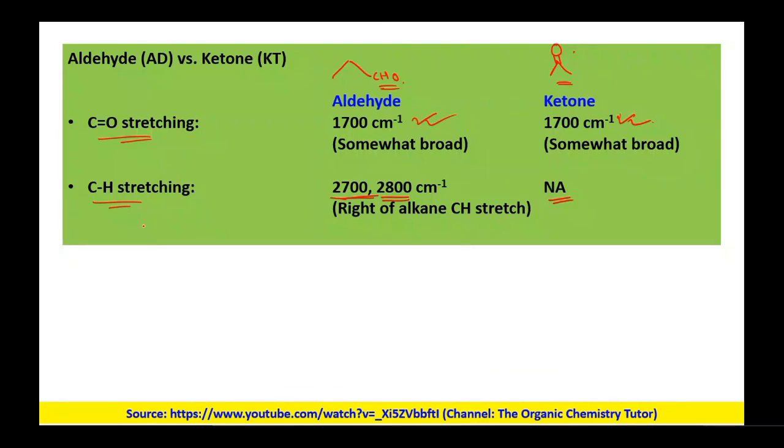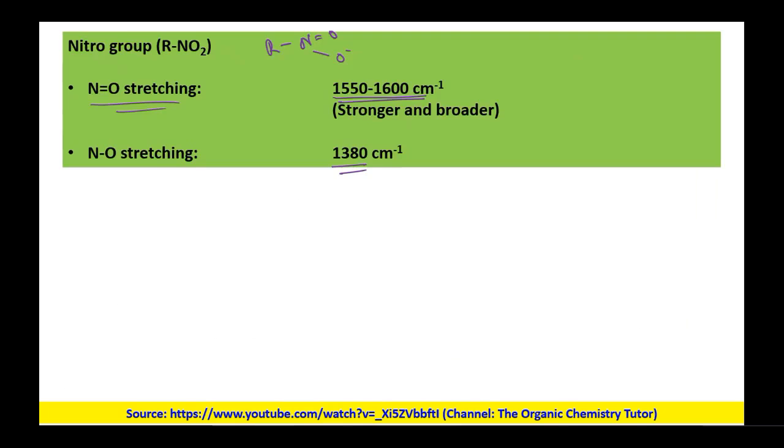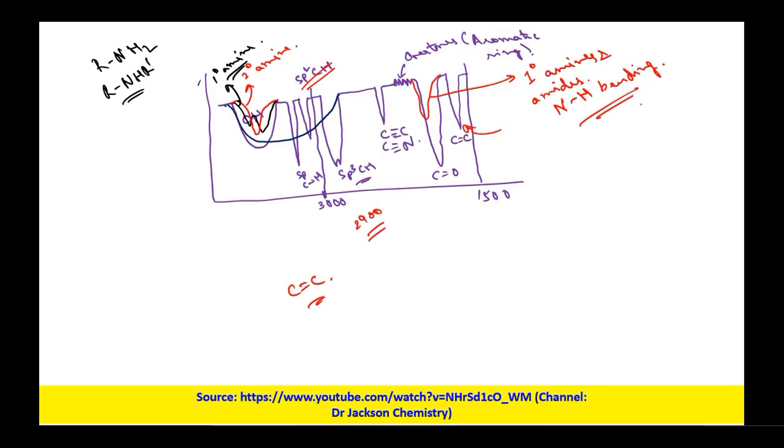For the CH stretching of the aldehydes, if I tell you to find out whether the compound is an aldehyde or not, then you have to look into this additional CH stretching for the aldehydes at 2700 and 2800. So in the 2700 to 2800 region, you have to check whether there is a double peak or not. This is for the aldehyde CH stretch.